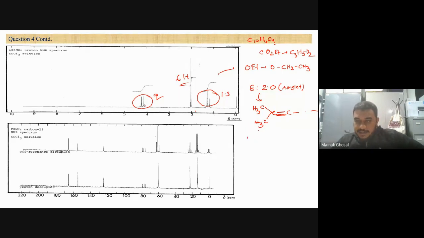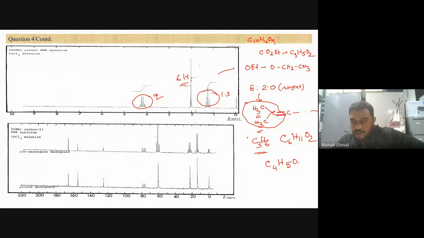Then you will see a 6 hydrogen pattern, which will be a singlet. Now count all this: this part will be C3H6. Adding this one gives C6H11O2, and what will be your formula? C10H16O4. So you are left with C4H5O2.